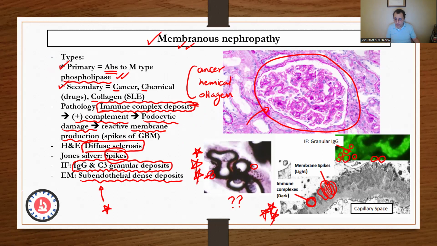With immune complex deposits causing complement activation and podocytic and GBM damage and reactive membrane production, which leads to a spiky appearance by Jones-Silverstein stain. Jones-Silverstein shows spiky lumens, and immunofluorescence shows granular deposits. Remember that the deposit here is IgG. And on electron microscope, you will see the granular deposits and the membrane spikes in between.